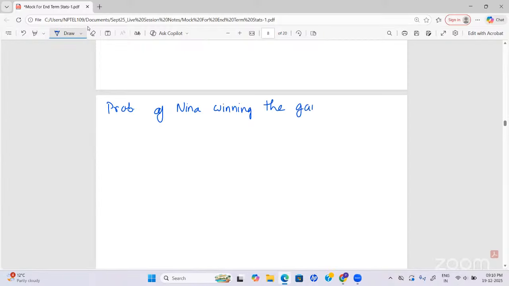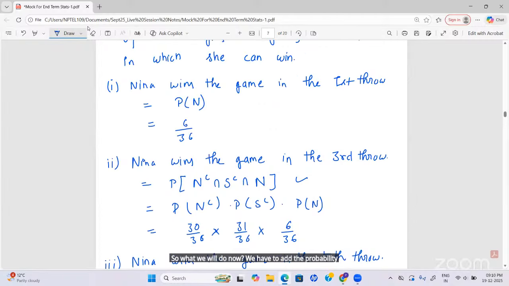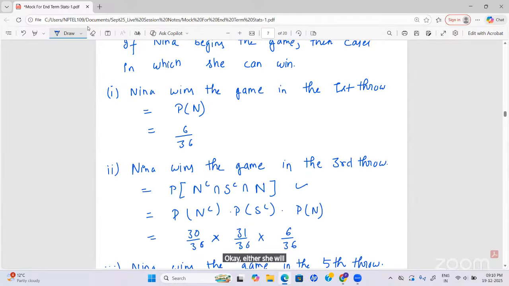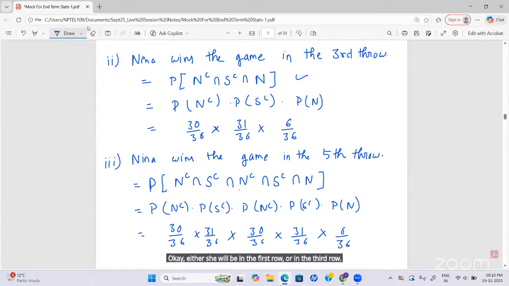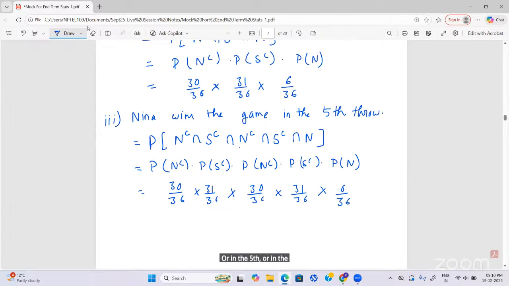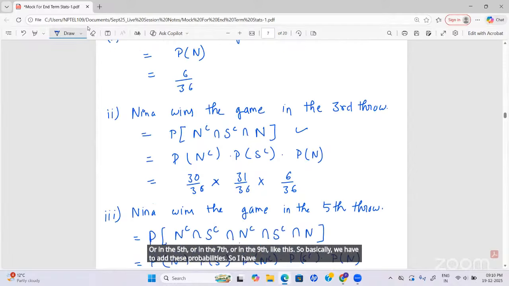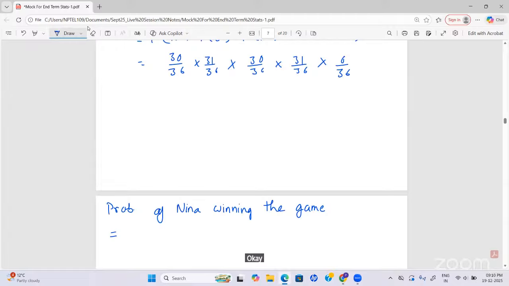So what will we do now? We have to add the probability for all the cases, right? Either she will win in the first throw or in the third or in the fifth or in the seventh or in the ninth, like this. So basically we have to add these probabilities. I have written 3 cases; by following the same pattern, I will write the remaining cases also.